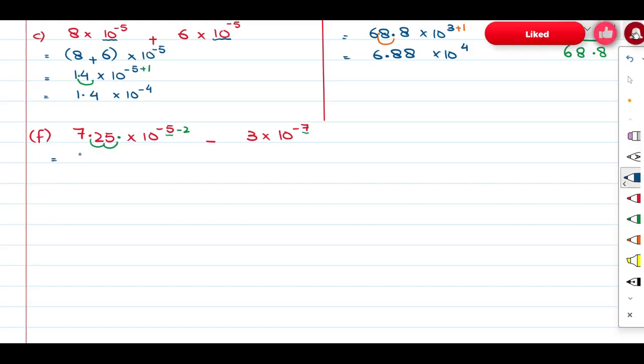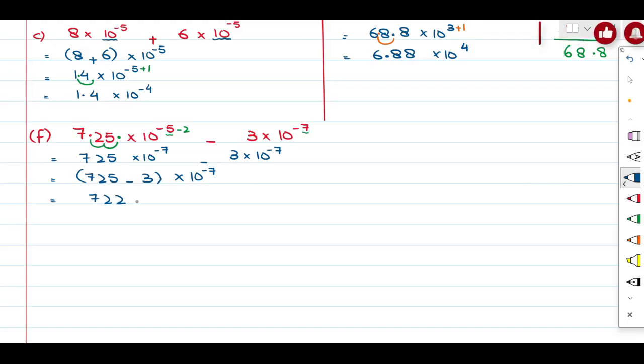Now here we can say 725 multiply 10 to the power negative 7 minus 3 times 10 to the power negative 7. Now 725 and minus 3, we can take 10 to the power minus 7 common. From 725, if you take away 3, 722 is left. 722 multiply 10 to the power negative 7.